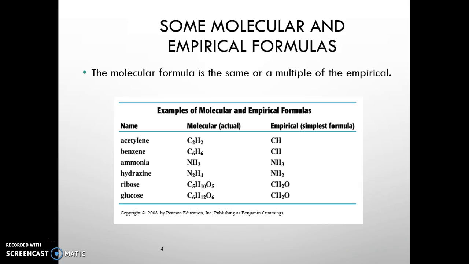Ribose is C5H10O5. And we know that that has a 5 in it. So we get CH2O. And you look at glucose, C6H12O6. Notice the oses. They have the same empirical formula too. Not 100% positive if that happens all the time, but it seems to be happening quite a bit.